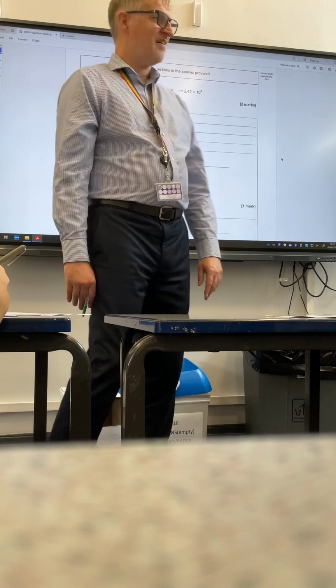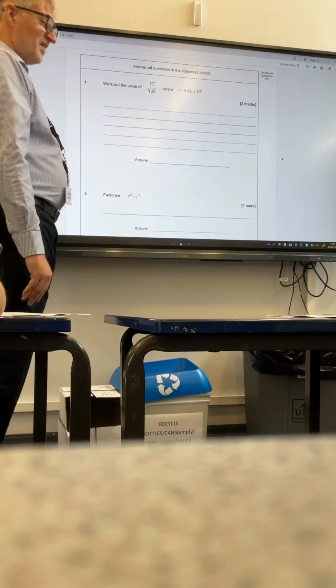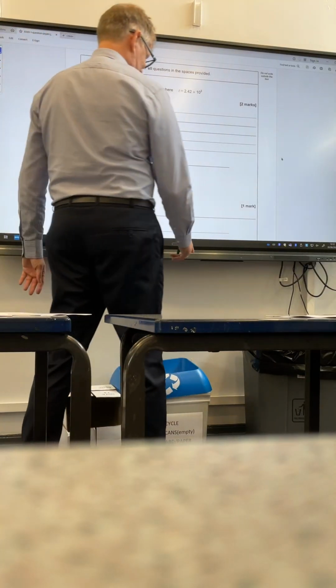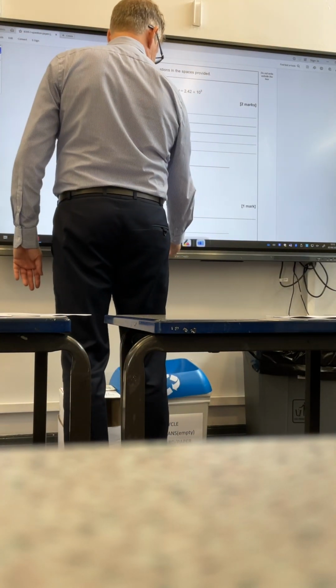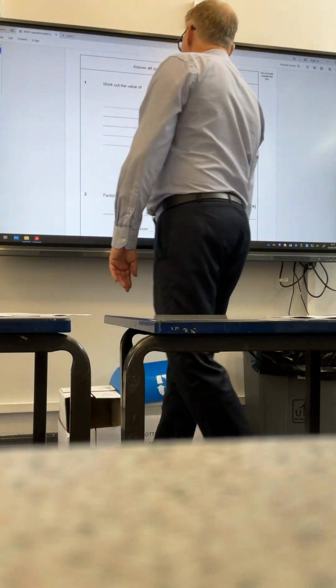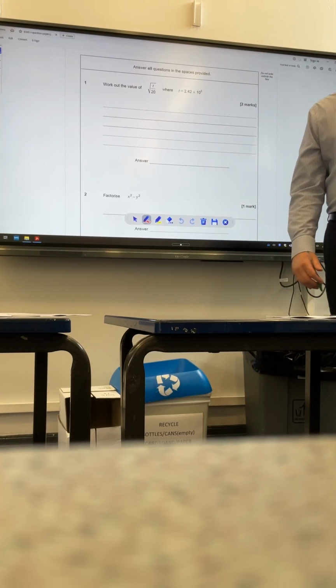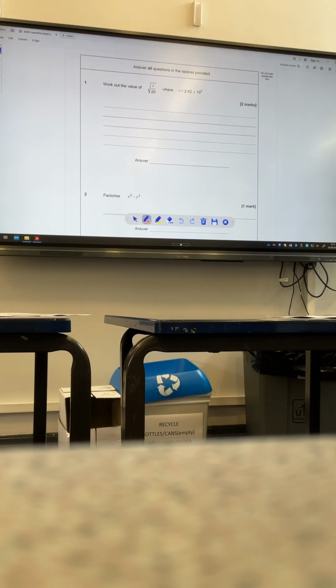I'm going to write on the board, and we'll work around it. So, this first one is something you could find on GCSE quite easily. It's a bit of using standard form and then working out a value.